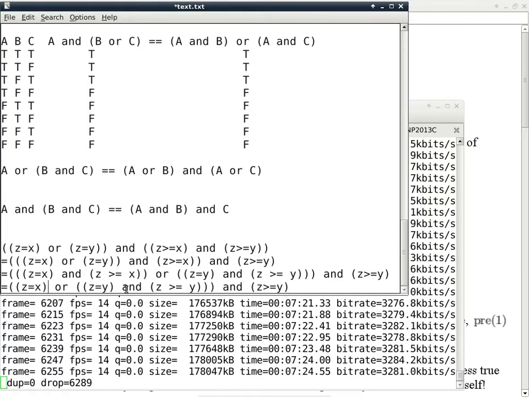Well, okay, that means the original statement may have something wrong with it. But it doesn't have anything wrong, I don't think. Well, it is going to simplify to just z equals x or z equals y, but it doesn't say which one is larger.